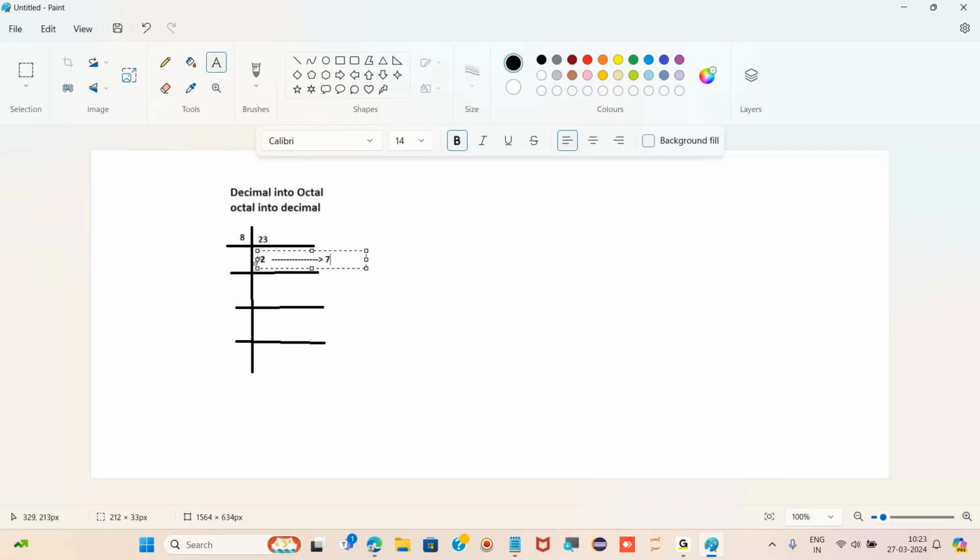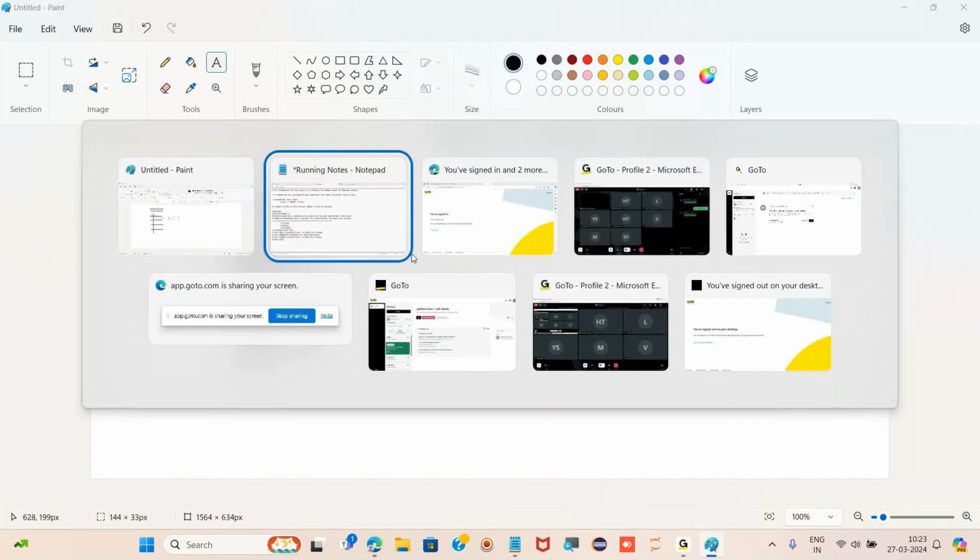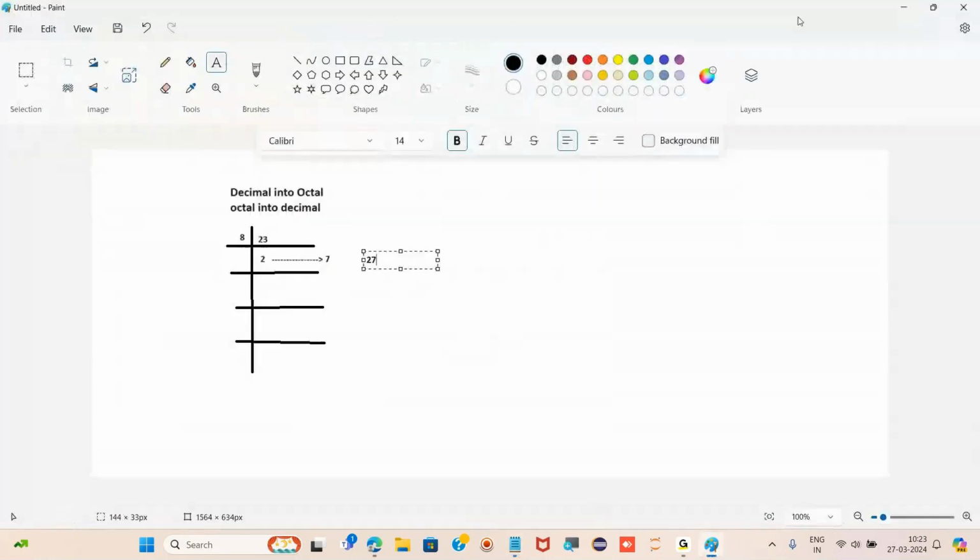Now we cannot perform further operation because 2 is lesser than 8. So the octal number of 23 is nothing but 2 and 7. We'll try to see it in execution.